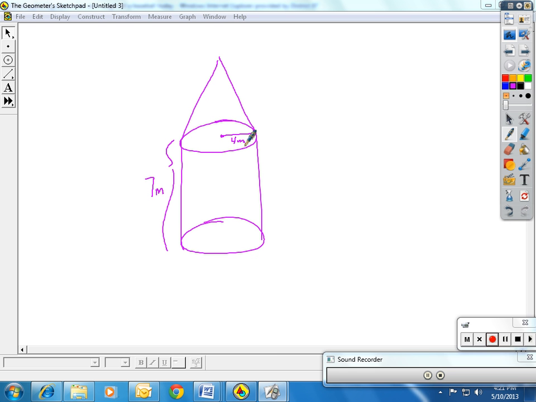Now when you find a surface area of a figure like this, you need to be thinking about what is actual surface. So for example, I really want to find the surface area of this figure. I want to know the lateral area of the cone.